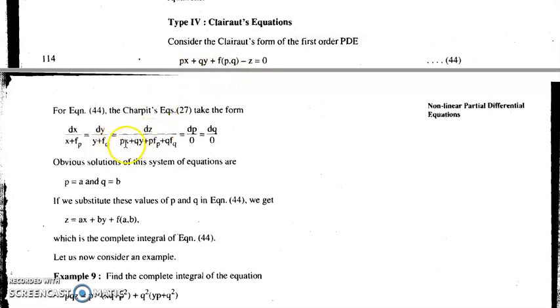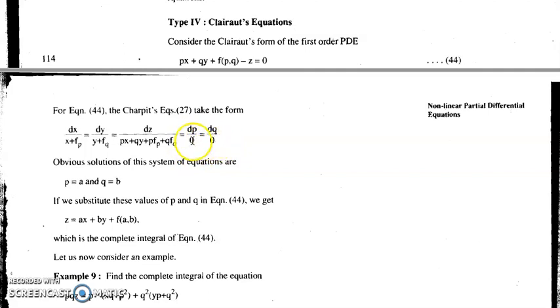Then dz by p times this, so px plus pfp plus qy plus qfq, equal to dp by minus of fx plus p fz. So that is p minus p here, q minus q.